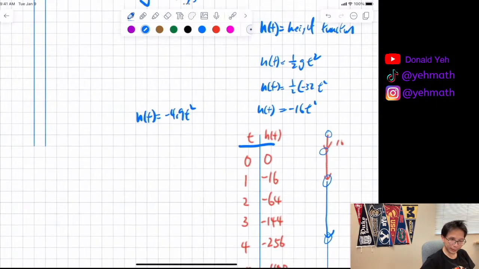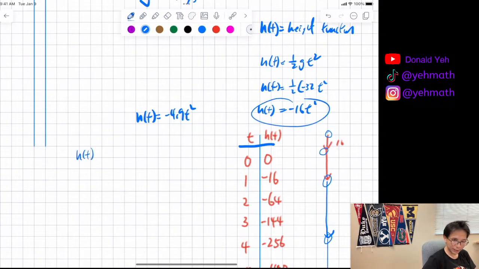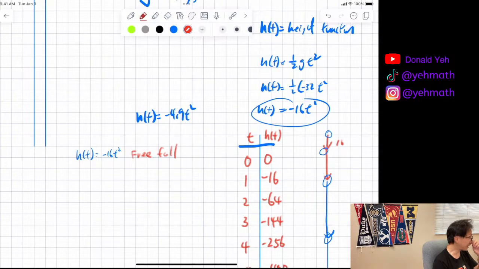The free fall idea is based on this equation: h of t is equal to -16 t squared plus... this part is the free fall. Are we okay here? But today we don't want a free fall.